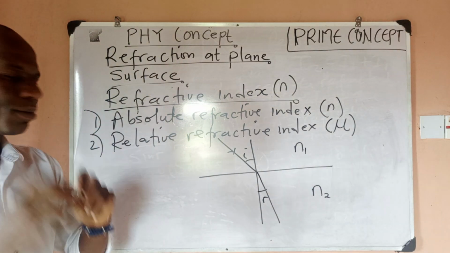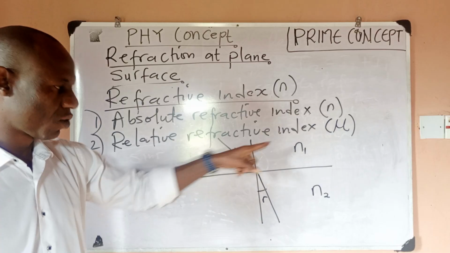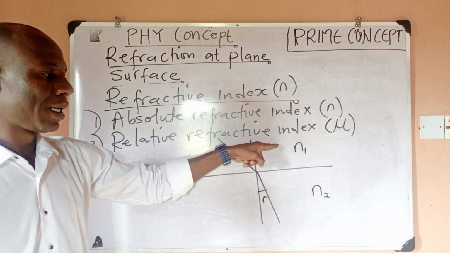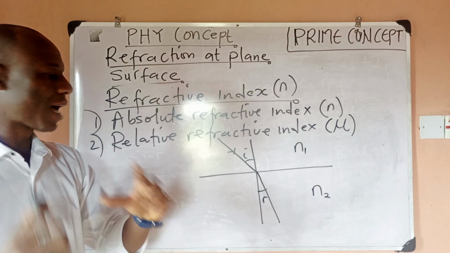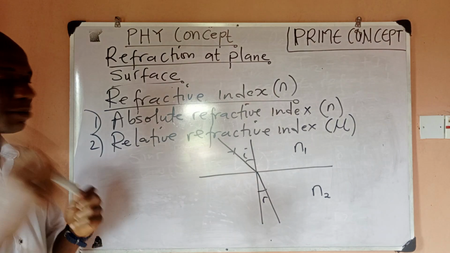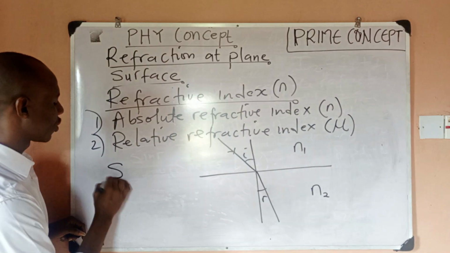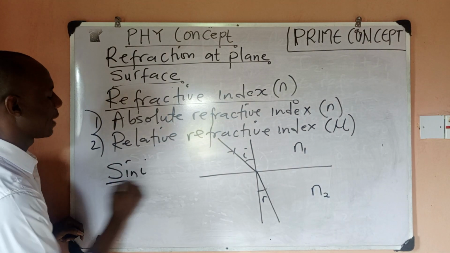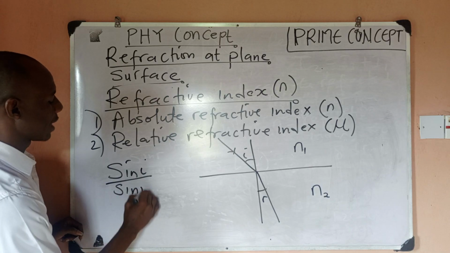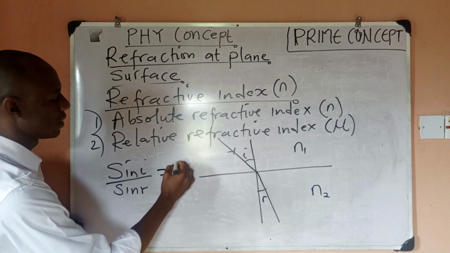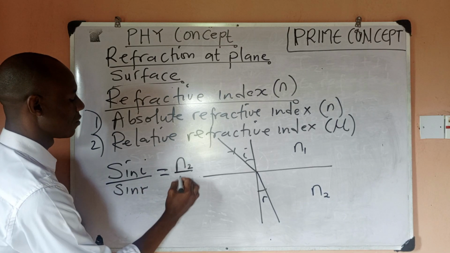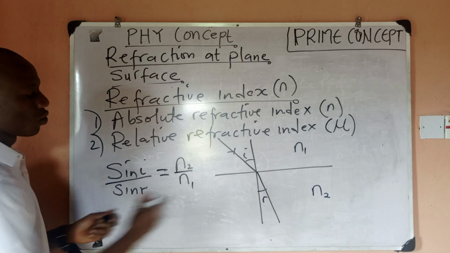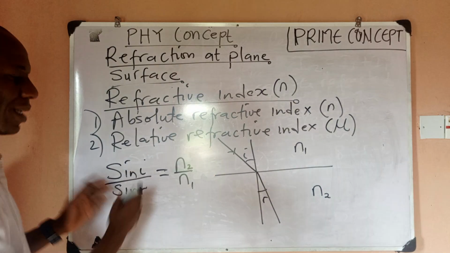According to Snell's law, since we are considering less dense to dense, the ratio sine I to sine R is going to be N2 over N1.